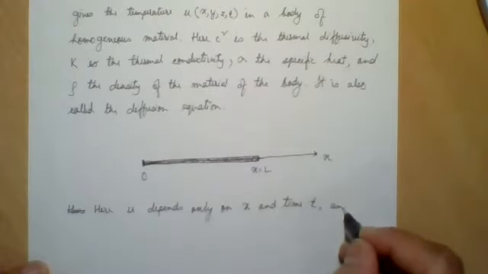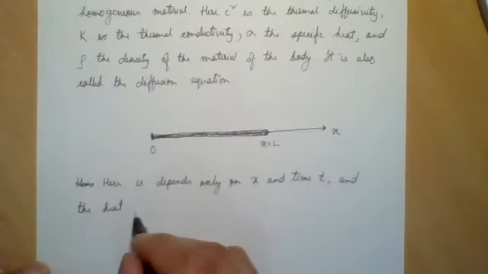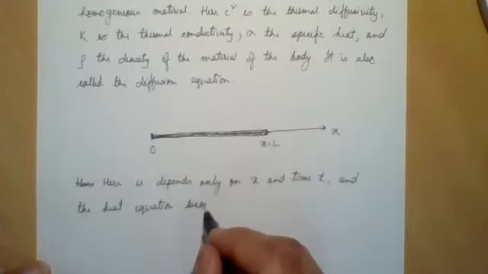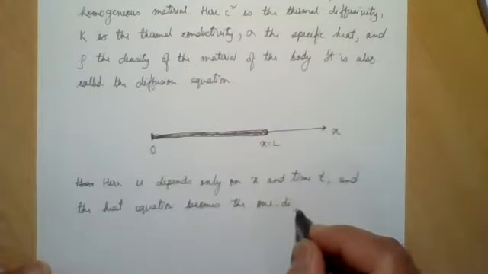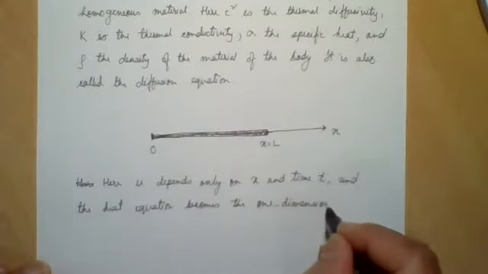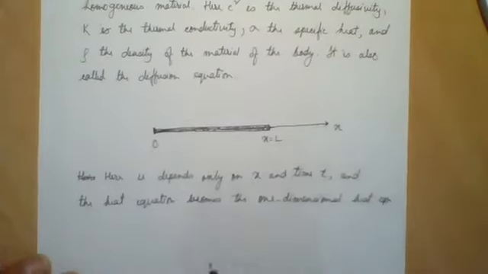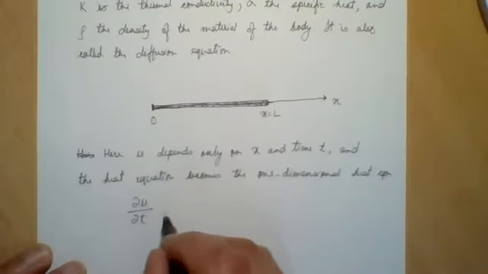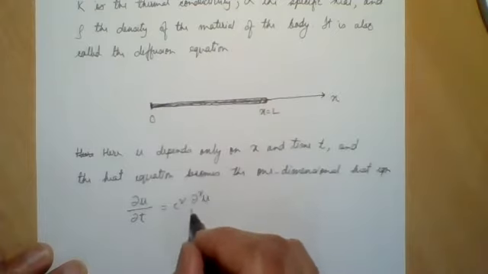Okay, and the heat equation becomes the one-dimensional heat equation, which is given by del U by del T is equal to C square del 2U by del X square.